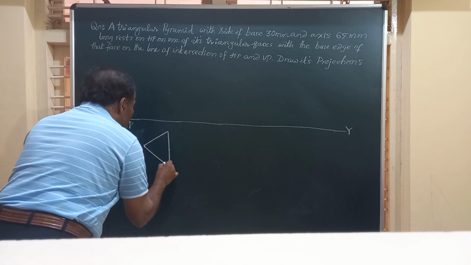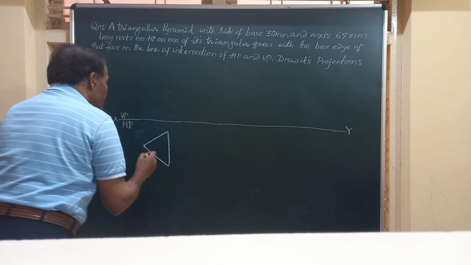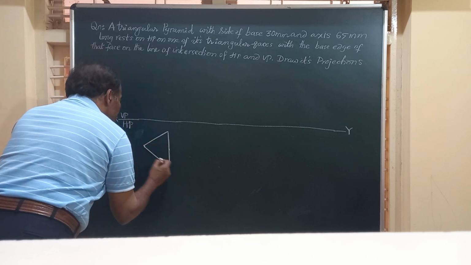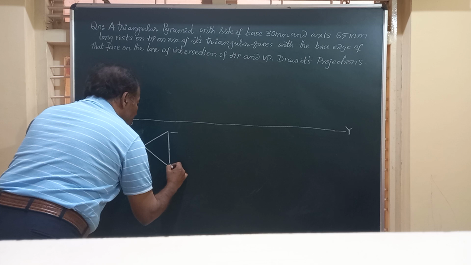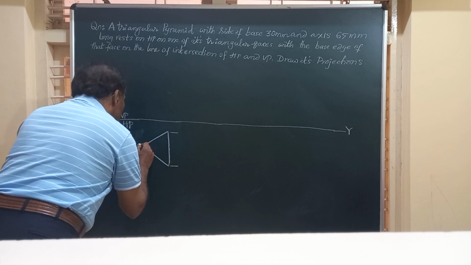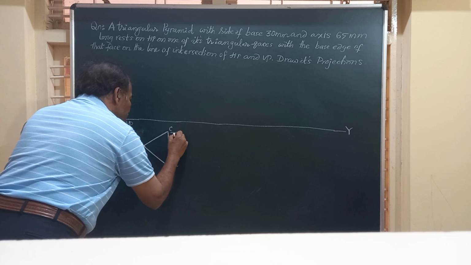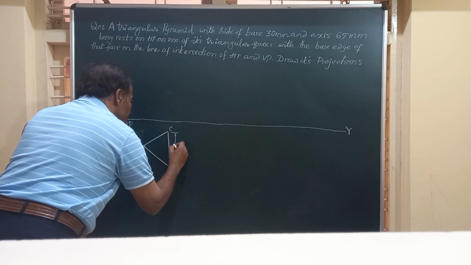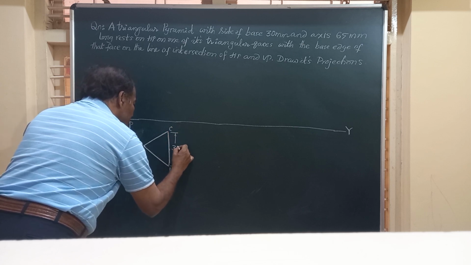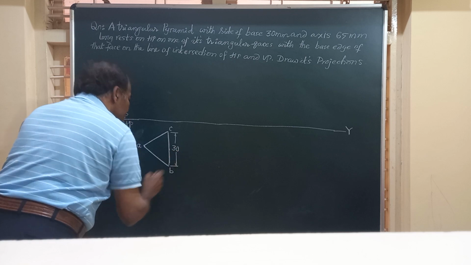This is a triangular pyramid in the top view. I will just call it ABC. That is ABC, the three corners of the base. And friends, this dimension is given to be 30 millimeters, so I have marked it.